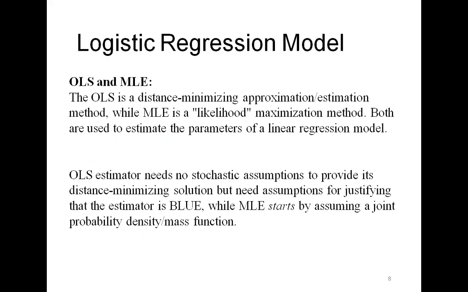We have a regression line, which is predicted by the regression model itself. But we have actual values of y. So the actual values of y will be above and below the predicted line, and the distance of the actual value of y from the predicted line should be minimum.